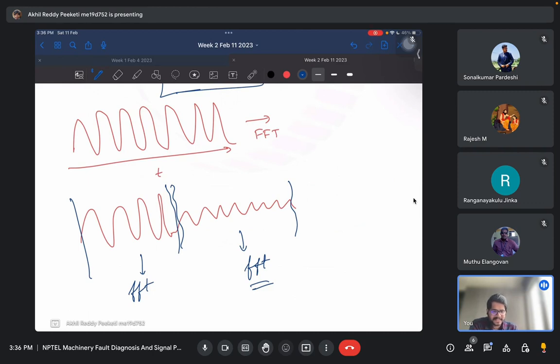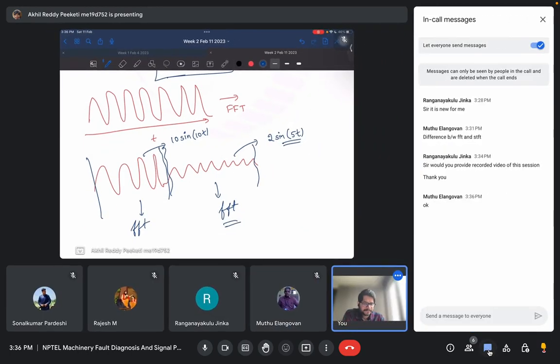That means if the signal is changing, like for the first 10 seconds it behaves like 10 sin 10t, and for the next 10 seconds it behaves like 2 sin 5t, so the signal behavior changes as a function of time, then STFT helps better. Is your question answered, Muthu? Is it clear now?